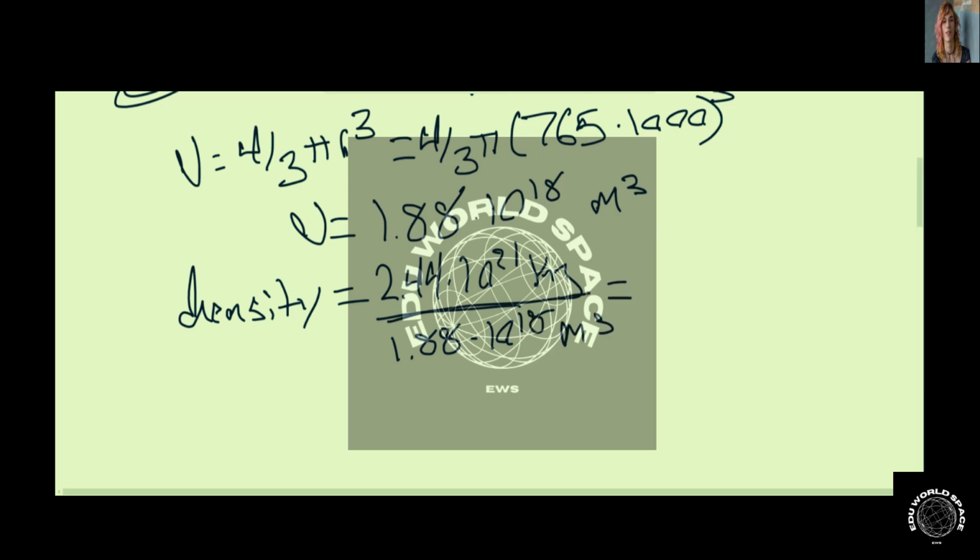And when you get those in, you can tell, by the way, the power that it's going to be at by just subtracting 18 from 21. So you can already tell that it's going to be something times 10 to the third kilograms per meter cubed. But for the actual number in front of it, probably best just to divide it. And you're going to find 1.3 times 10 to the third kilograms per meter cubed.